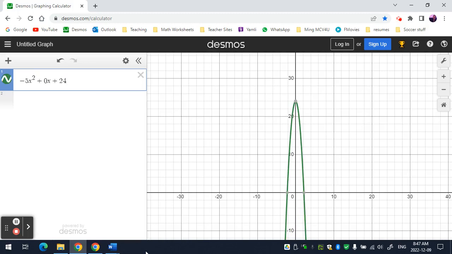Can someone guess what will happen to that curve if I bring that minus 5 to a perfect 0? Say again? What's your reason that it will become just a line? Why would you have that sense?